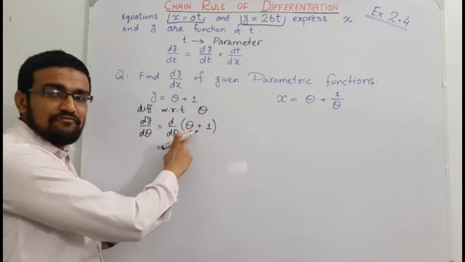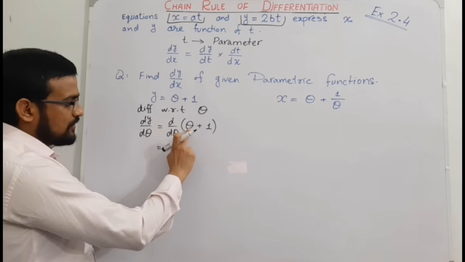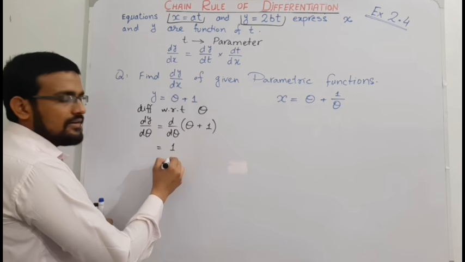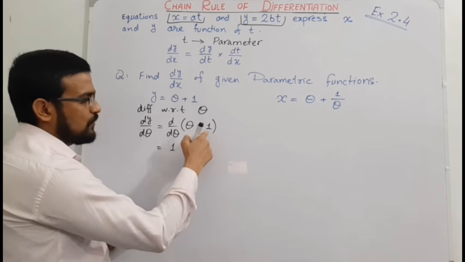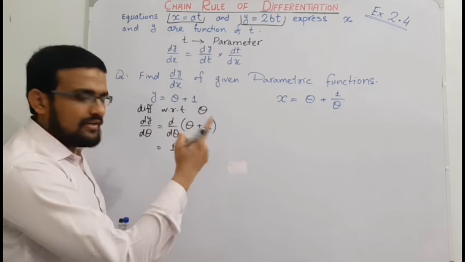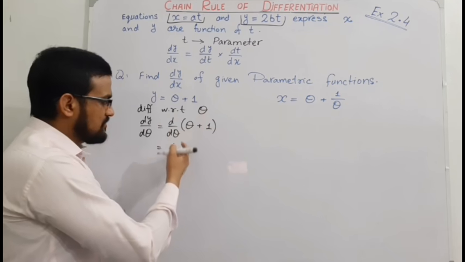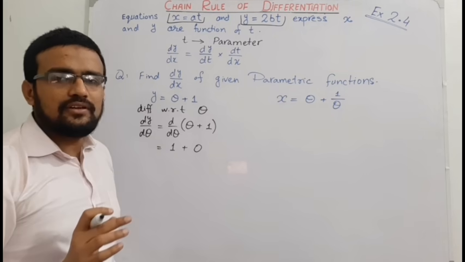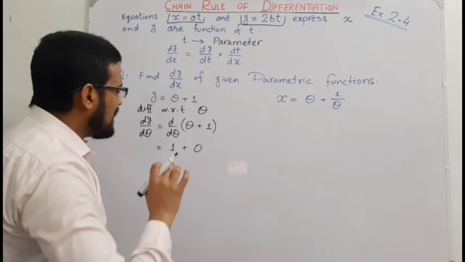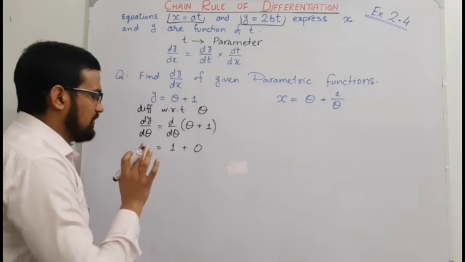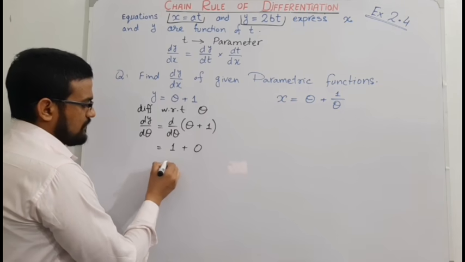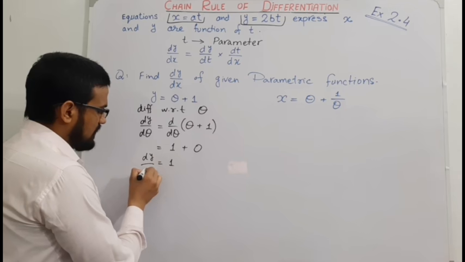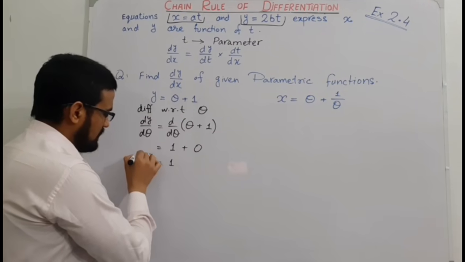Theta acts as a variable, so d theta over d theta, it means 1, plus 1 is a constant and the derivative of a constant is 0. The derivative of a constant is always 0 with respect to any variable. So 1 is the final result of dy over d theta.